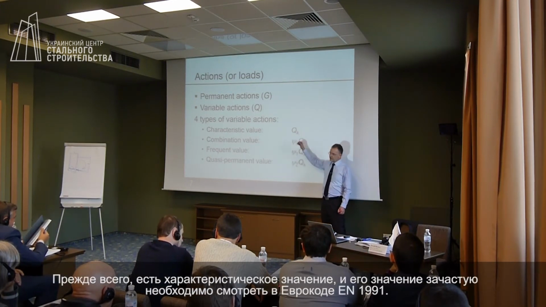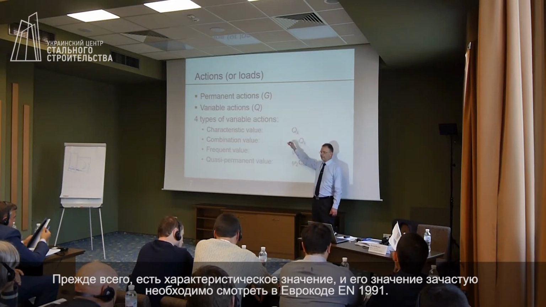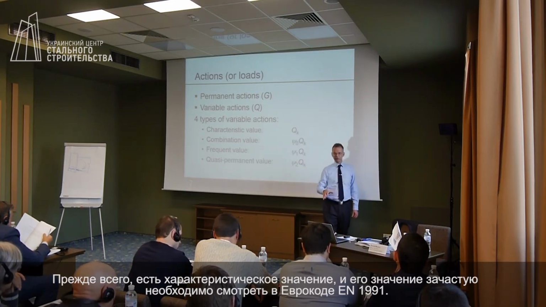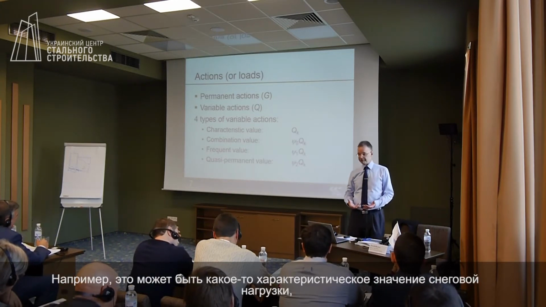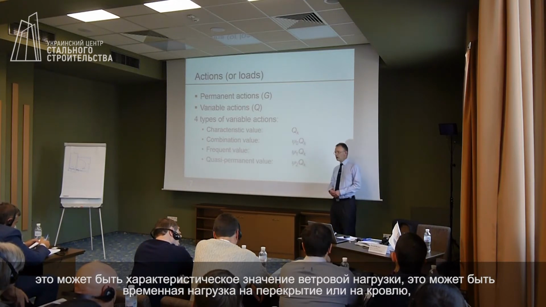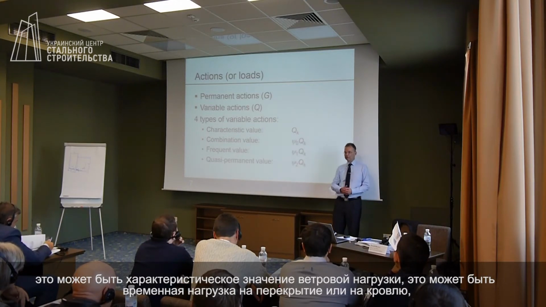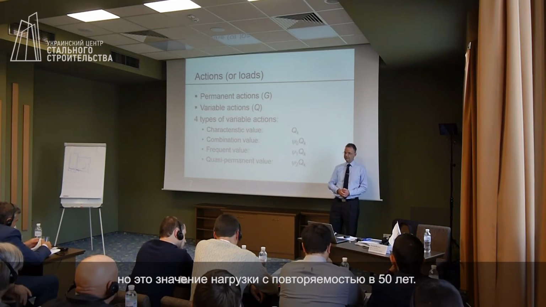First of all, there is the characteristic value, and that value will have come somewhere from the 1991 suite. So it might be the characteristic value of snow. It might be the characteristic value of wind. It might be the imposed load on a floor. It might be the imposed load on the roof. But that is the 1 in 50-year event.